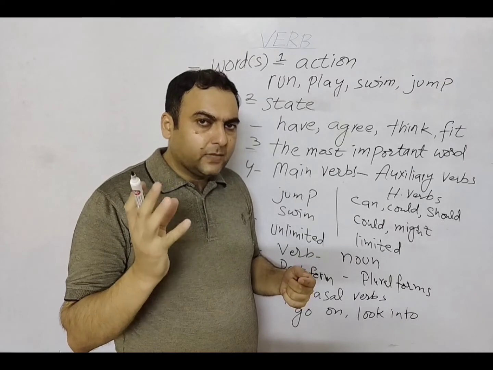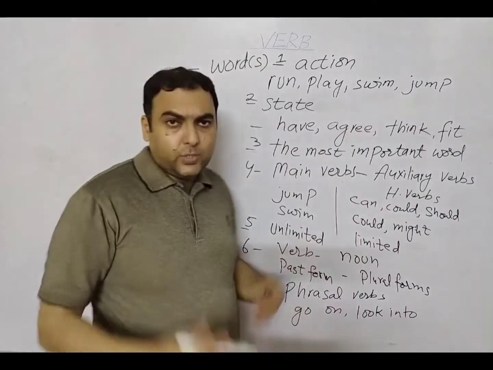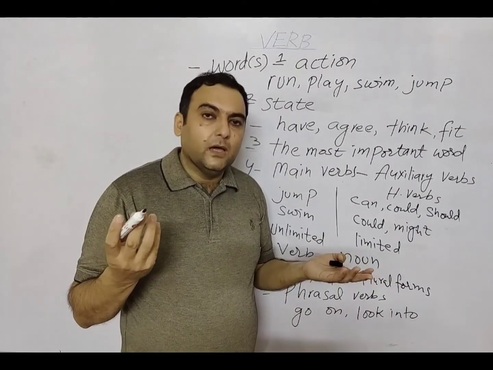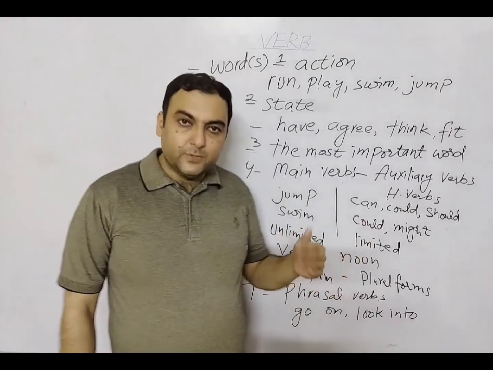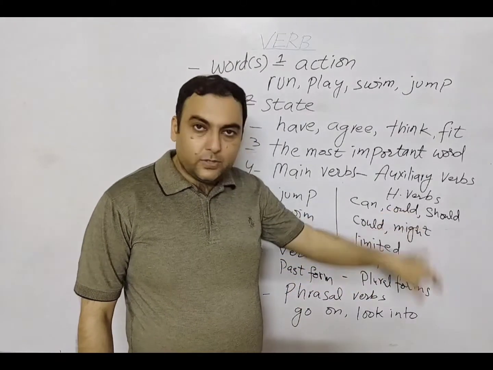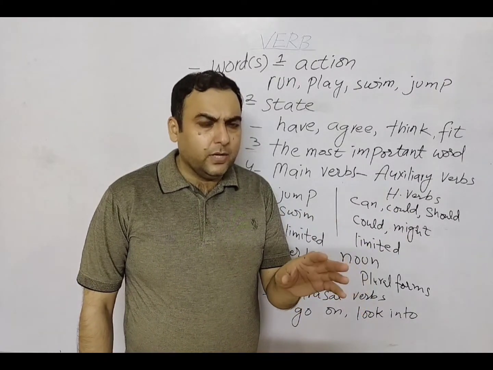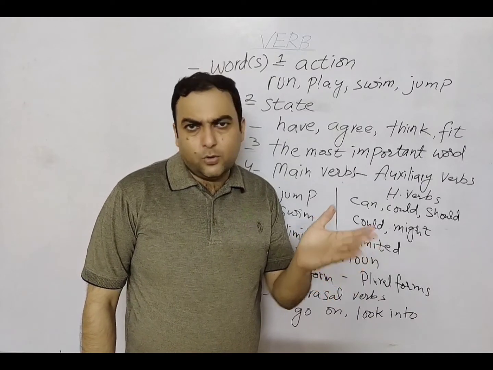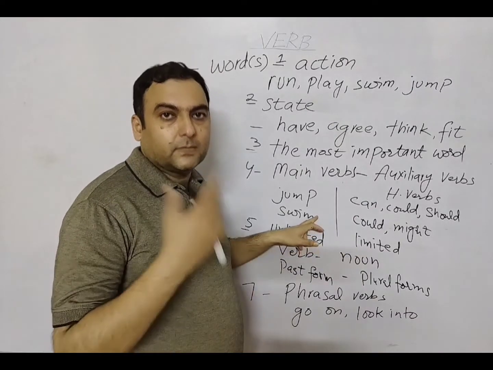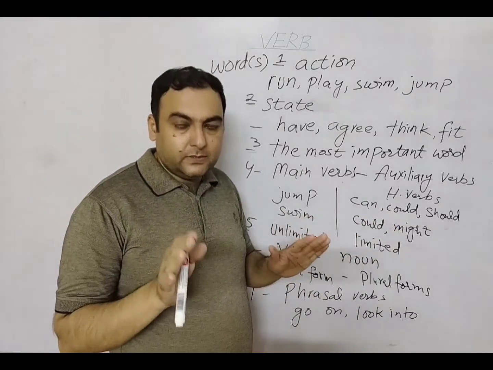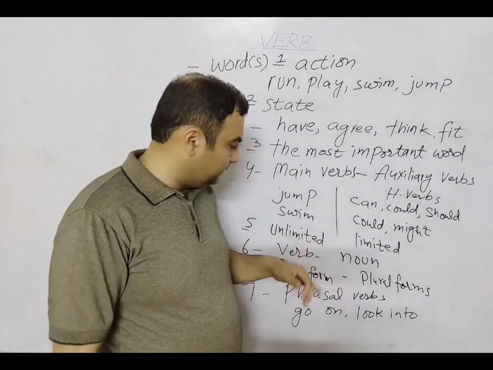It's just one thing. Main verbs are unlimited in English. We don't know exactly how many main verbs there are in English. There are so many. Auxiliary verbs, on the other hand, like can, could, may, might, shall, they are limited in number. I don't know the exact number, but I'm sure they're not more than 30 in English. So main verbs unlimited, auxiliary verbs limited. They have similarities as well, but we'll discuss that in some other video.